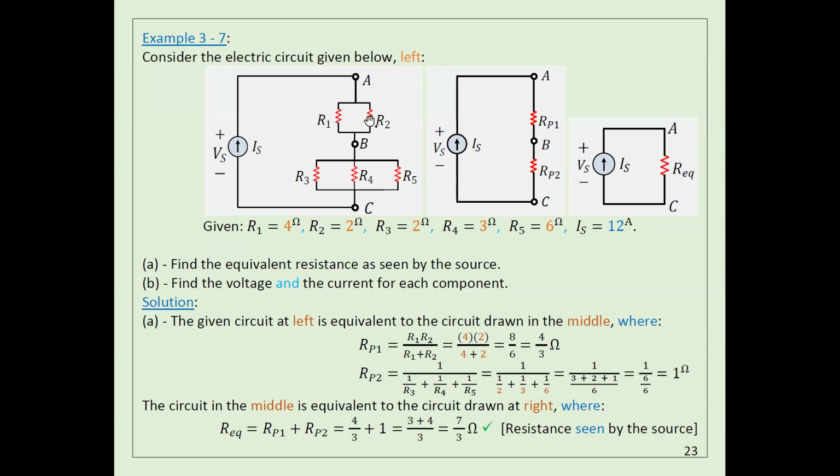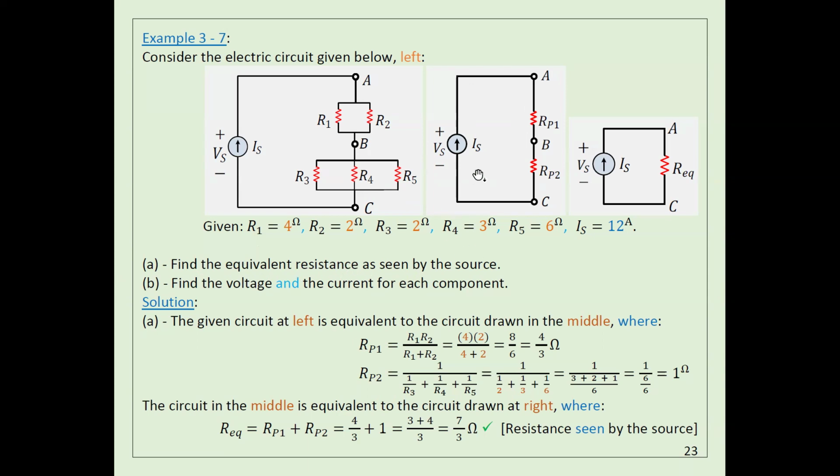Same thing here. If I know the voltage here, because V3 equals V4 equals V5, I can simply calculate the current using Ohm's law. But I think I jumped to the second one before I finished the first one. We didn't finish the first one yet.